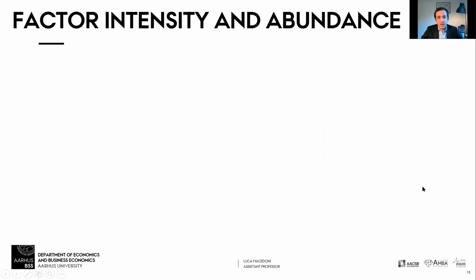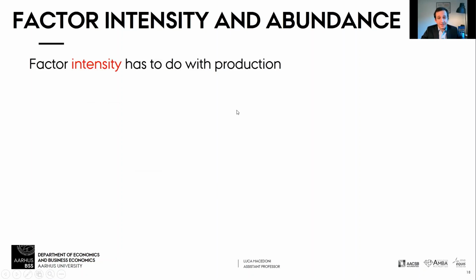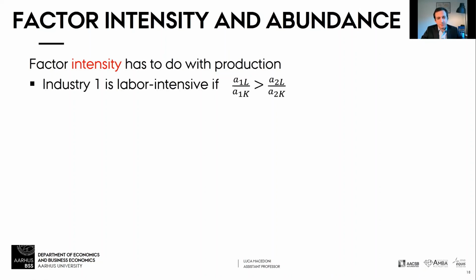Now we're going to need to talk a little bit about some important concepts here. The first is factor intensity. Factor intensity has to do with production. In particular, we're going to say that industry 1 is labor intensive if this condition holds: if the unit labor requirement for industry 1 divided by the unit capital requirement is greater than the unit labor requirement over the unit capital requirement for the other good.